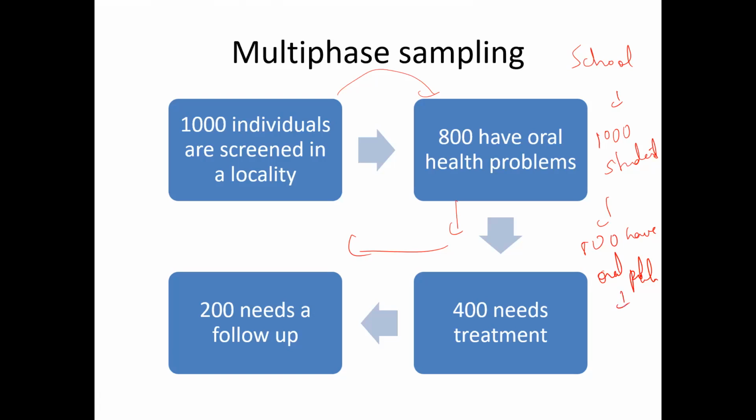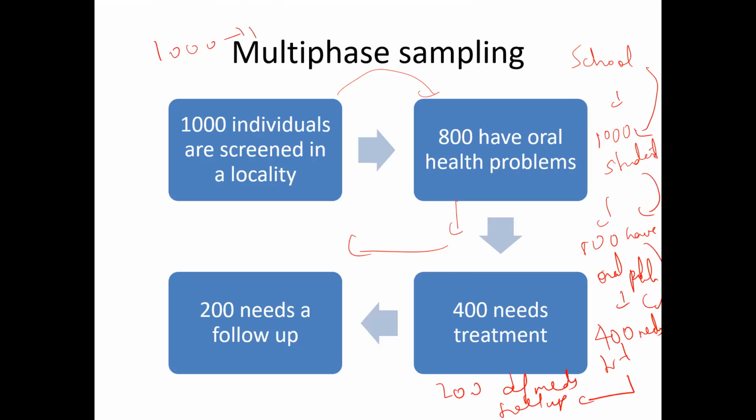Of those 800 students, 400 need treatment, and of those 400 students, 200 definitely need follow-up. So it goes in phases. From 1,000 you select 800. From 800 you select 400. From 400 you select 200. So it moves on like a phase, and you call it multiphase sampling.